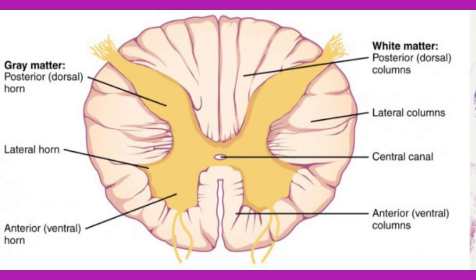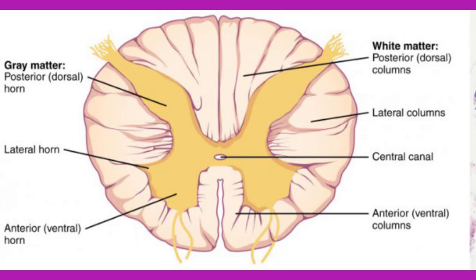In cross-section, the gray matter of the spinal cord has the appearance of an ink blot test, with the spread of the gray matter on one side replicated on the other, or a shape reminiscent of a bulbous capital H, as shown in this picture. The gray matter is subdivided into regions that are referred to as horns.